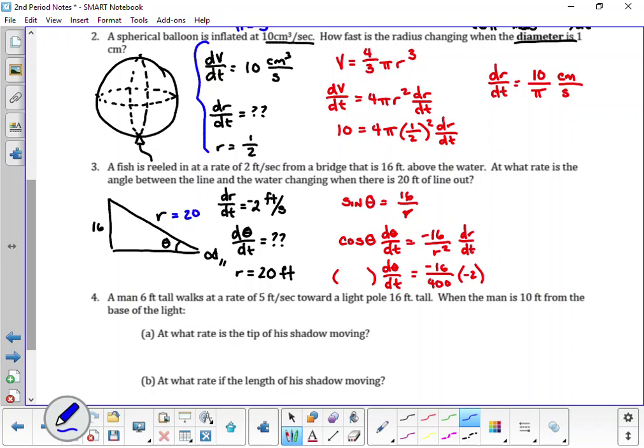So this will be 12. They're all multiples of 4. I don't want theta though. All I need is cosine of theta, which if I find this side, I have. I can do 12 over 20. You see what I'm saying? You don't have to solve for the angle. You just need to know cosine of the angle.